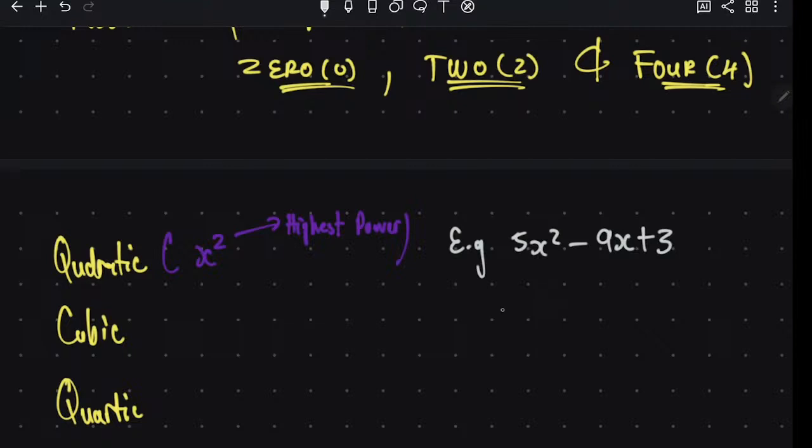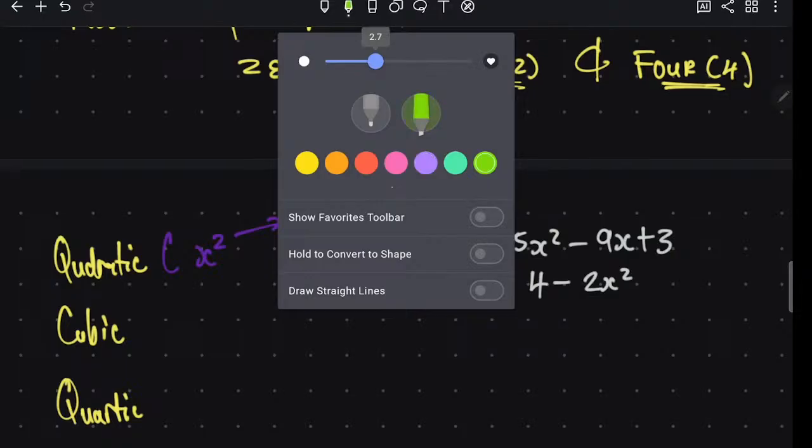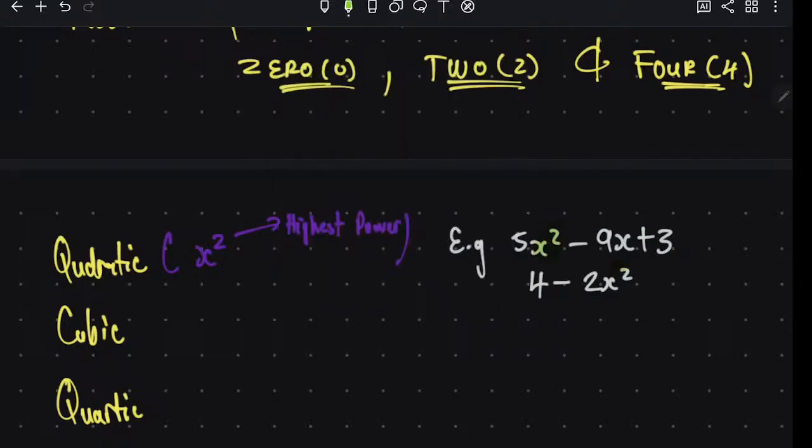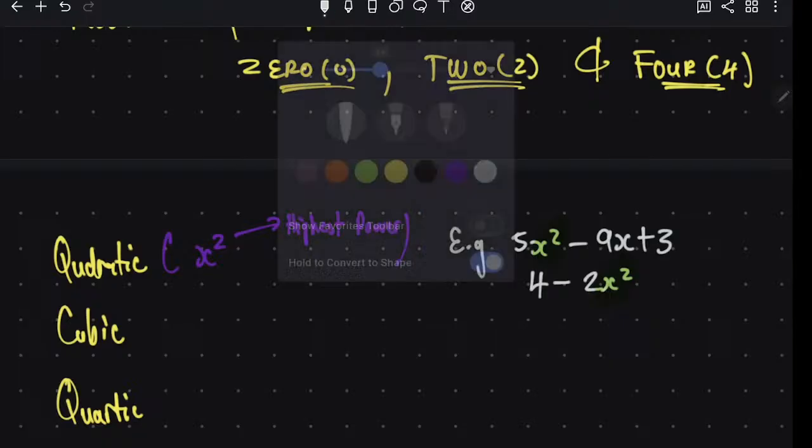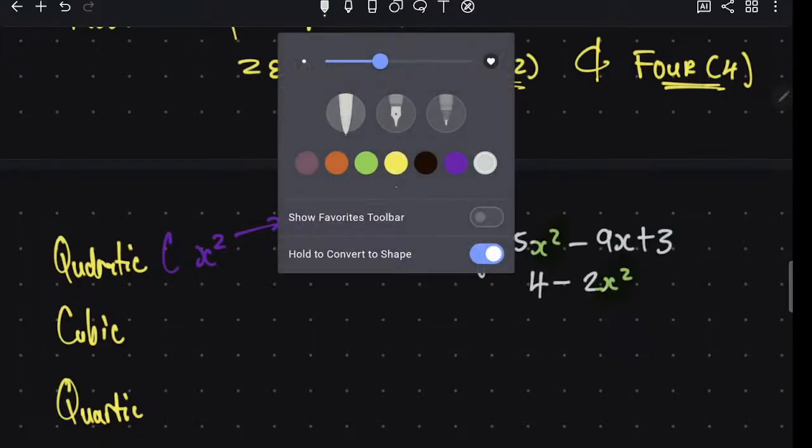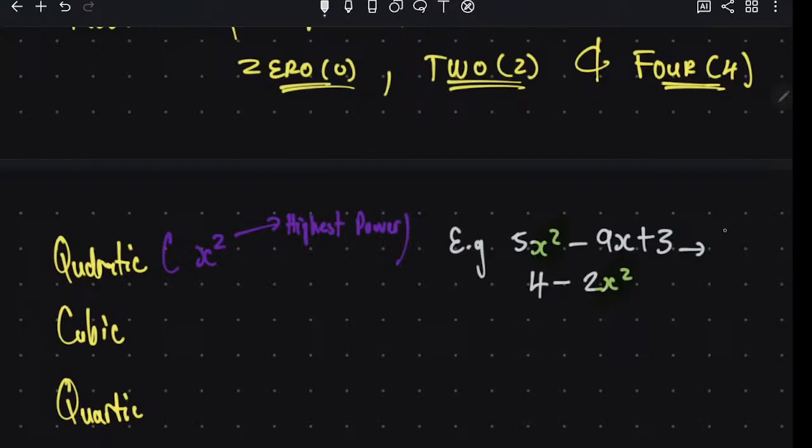Or even 4 minus 2x squared. These are quadratic because there is an x squared and it's the highest power. So these are quadratic. And I want you to know that these have 2 solutions.